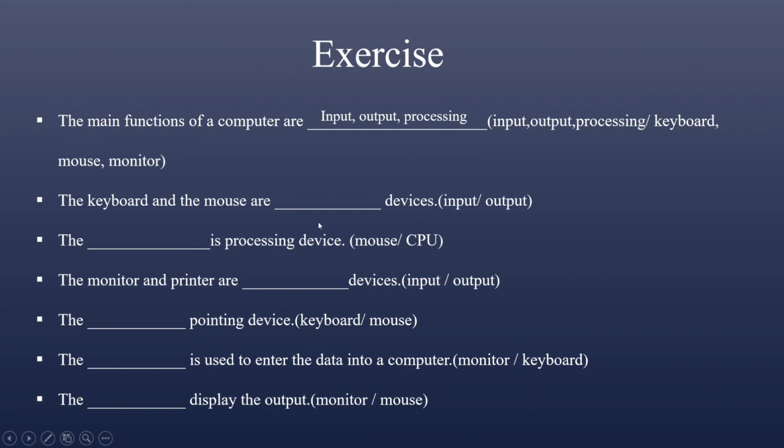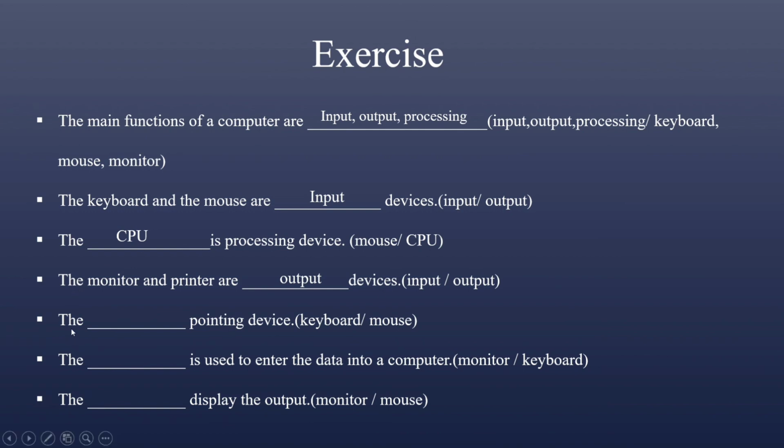In this lecture, the keyboard and the mouse are input devices. So the answer is input. The dash device is called the processing device, which is the CPU. The answer is CPU. Now see, the monitor and printer are dash devices. The answer is output.